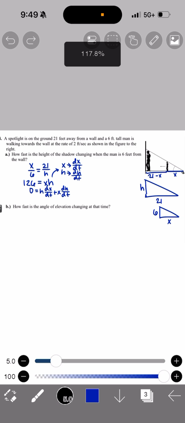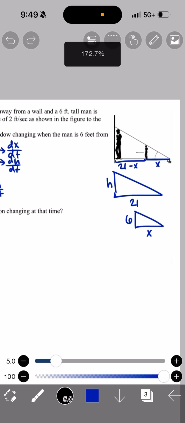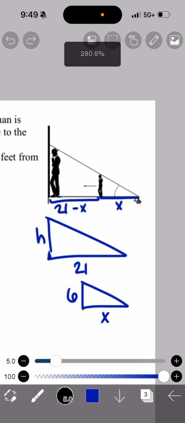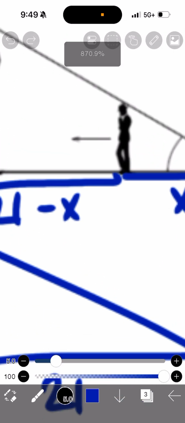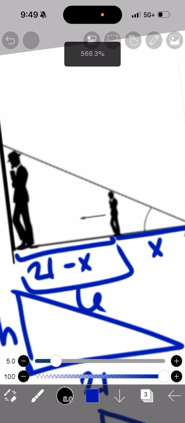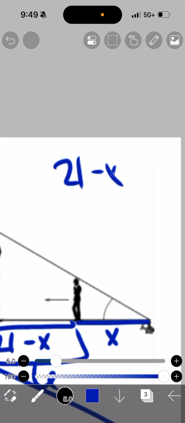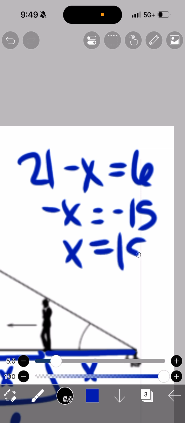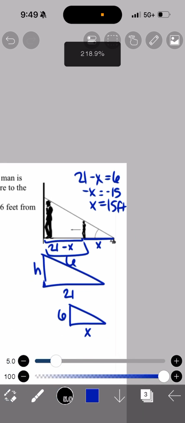We do not know h, but we can find it in a second because we can find x. 21 minus x is equal to 6 because the man is 6 feet from the wall. So 21 minus x equals 6, and x should be 15 feet.